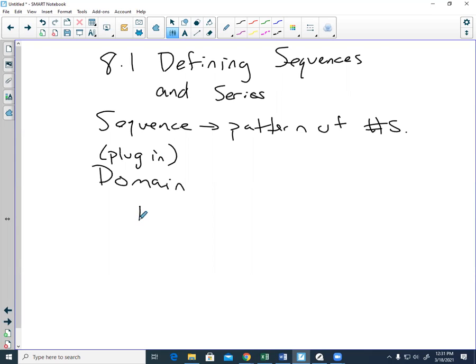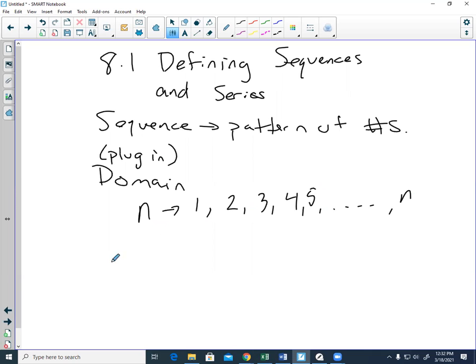So these are represented by n. So n is 1, 2, 3, 4, 5, all the way up to whatever your last number is. This is like saying the first term, the second term, the third term, the fourth term, the fifth term, and so on. Okay. That's what this is saying.